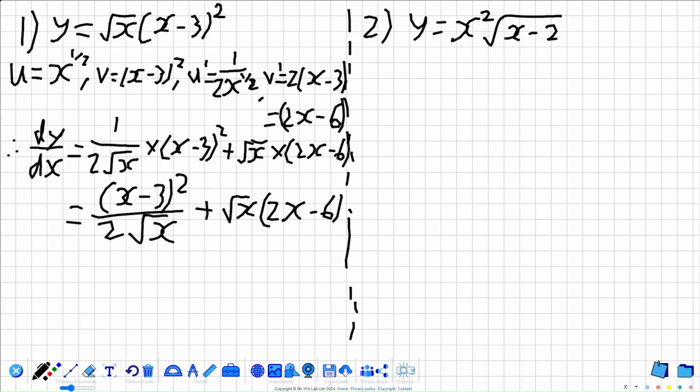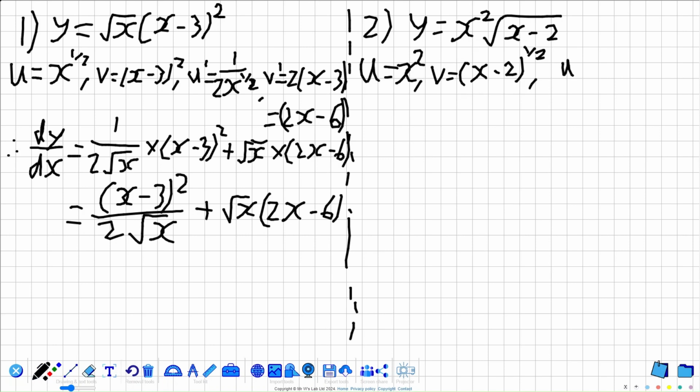And now jumping over to the next one, we've got u equals x squared, really easy. v equals, and this is why, I've got (x minus 2) to the power of 1 over 2. And you'll now start to see why I presented these without their root form in this scenario, because this will come in useful.